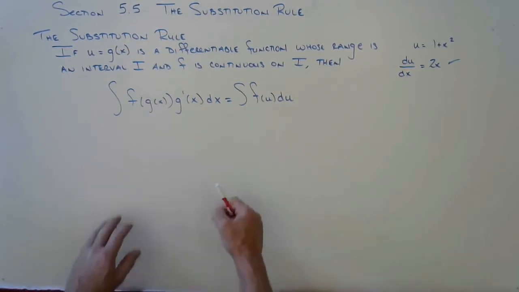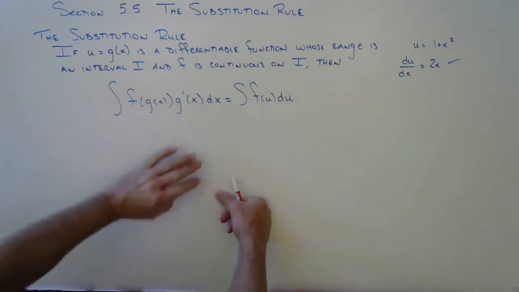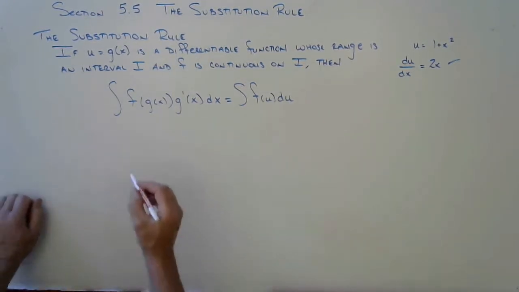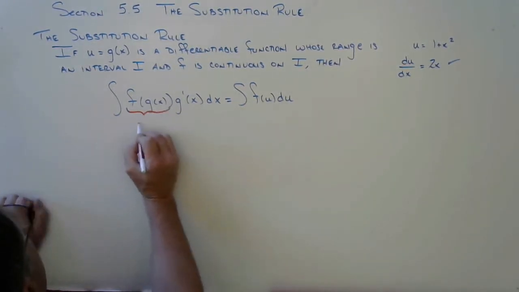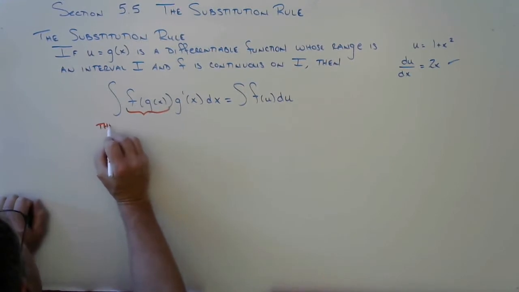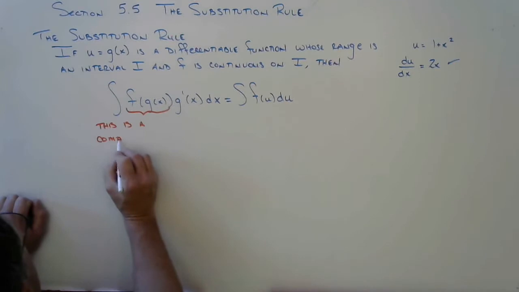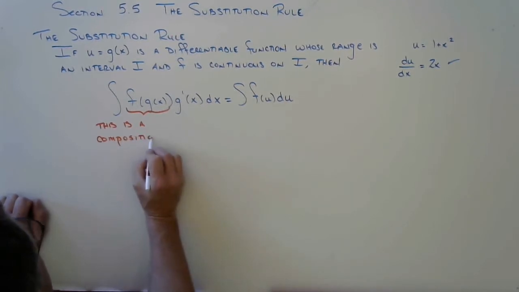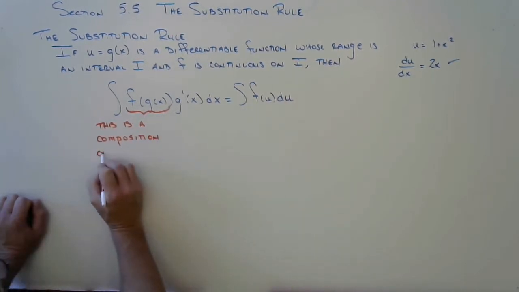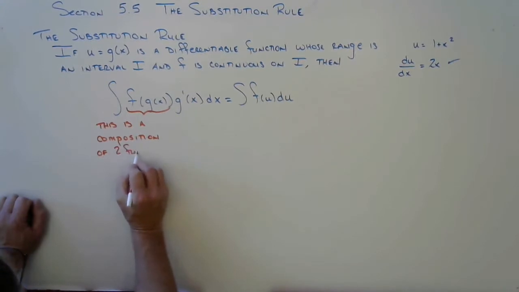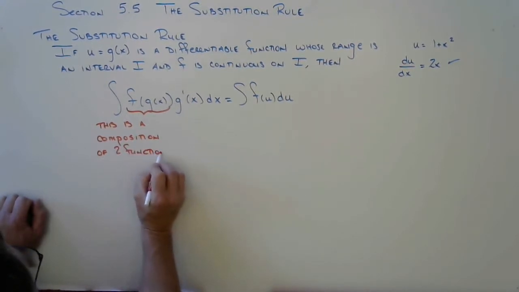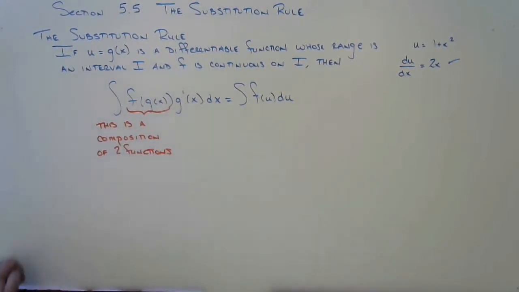Now, what's going on over here? Well, let's start with the obvious. This is a composition of two functions. And that's what the substitution rule looks for. The substitution rule says if you have a composition of two functions, I can help you out.